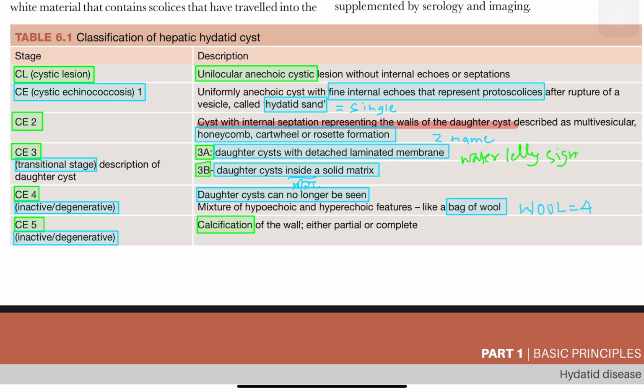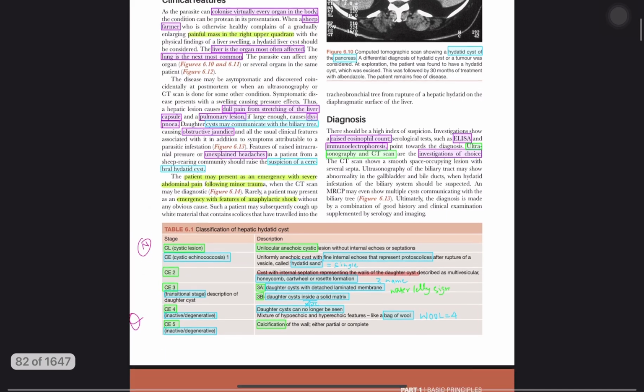Then 4 and 5 are inactive or degenerated cysts. Daughter cysts can no longer be seen in 4, which looks like a bag of wool, and 5 is calcification.